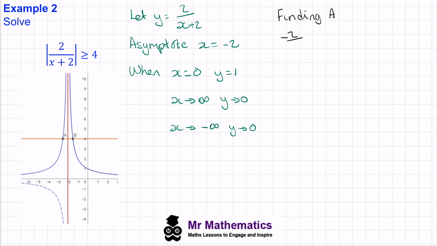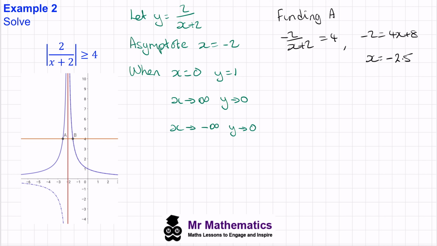So negative 2 over x plus 2 will be equal to 4. So negative 2 will be equal to 4x plus 8. We'll move the 8 to the right hand side and then divide by 4. So x will equal negative 2.5.